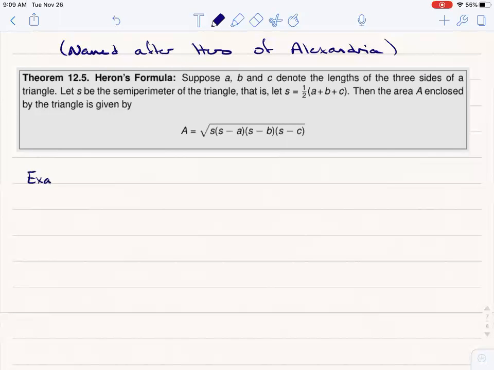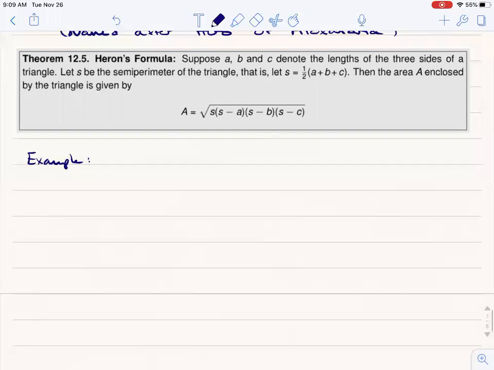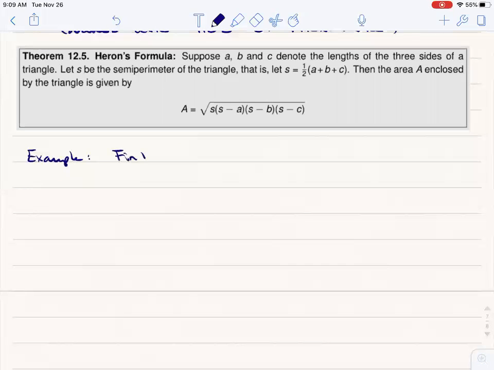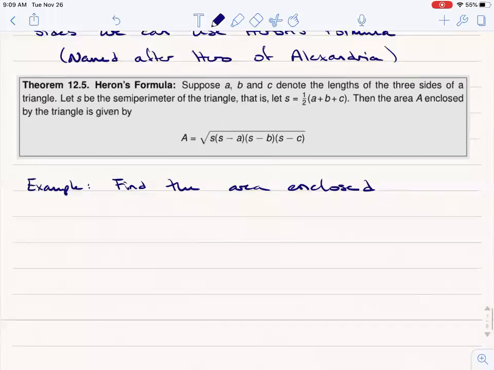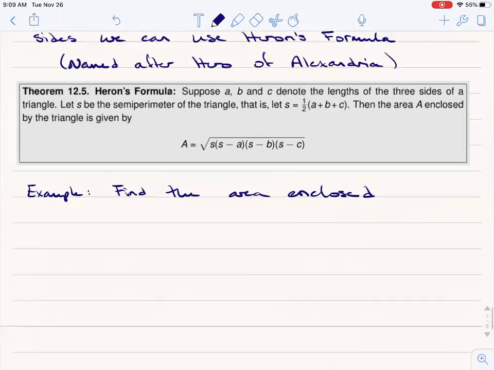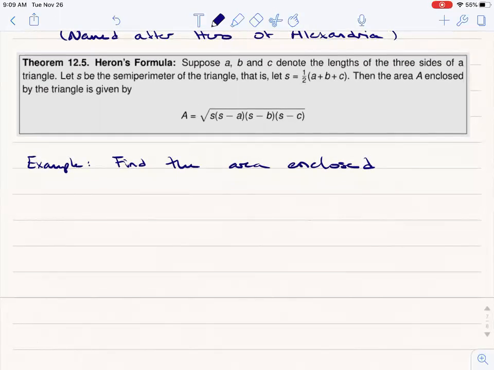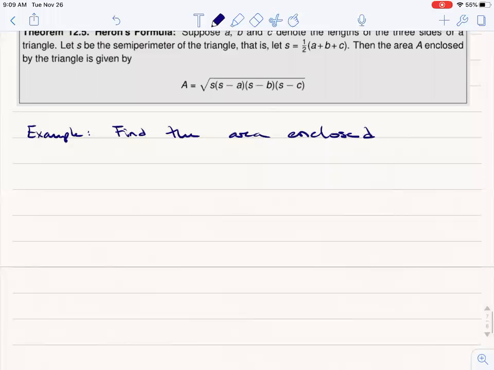Example. Find the area enclosed by the triangle that we just worked with. Not the most recent, but just previously.